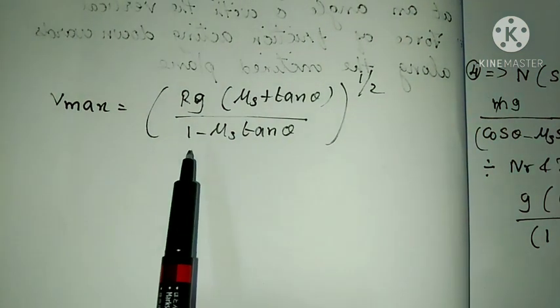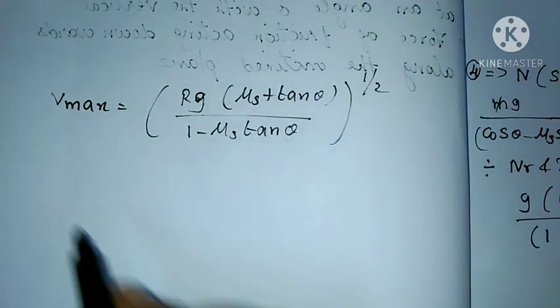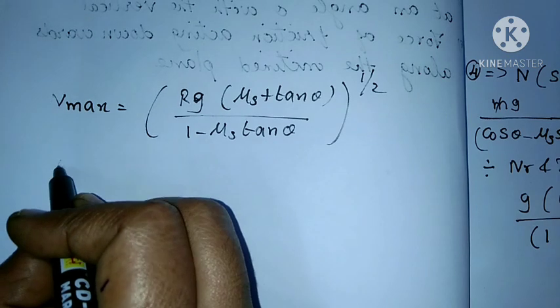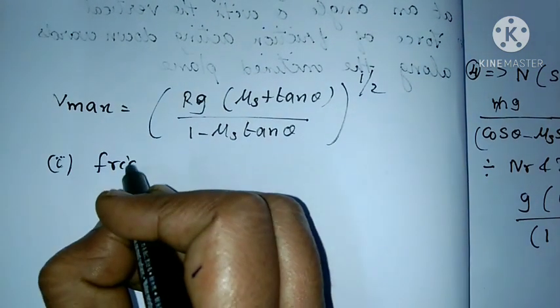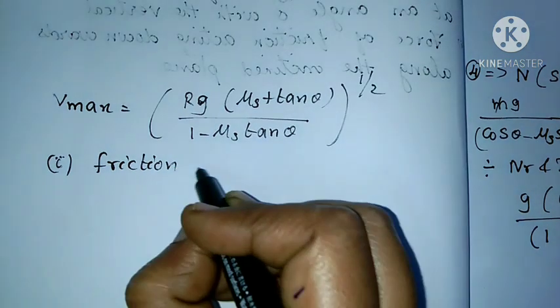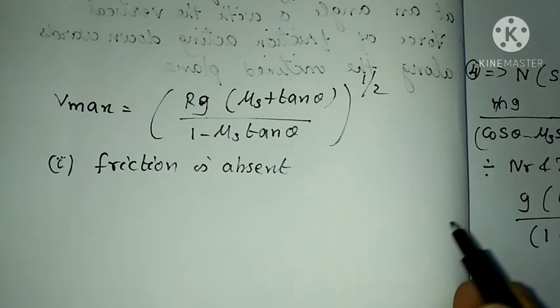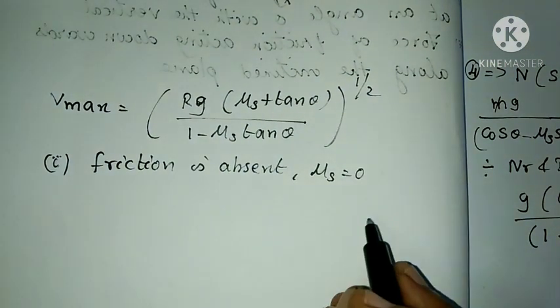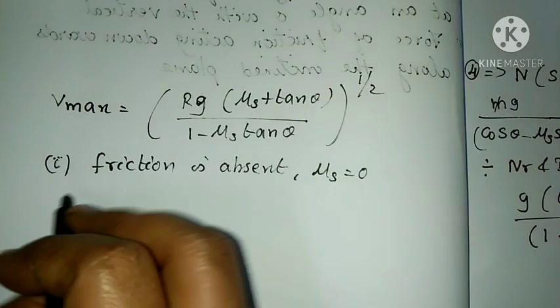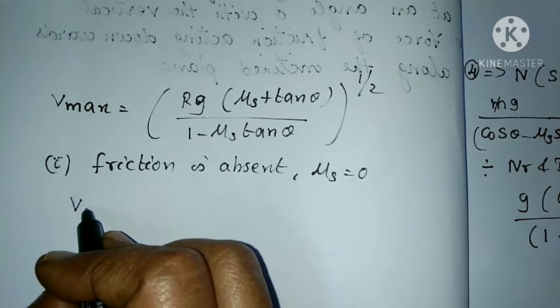Okay, and some cases are there. The first one is when friction is absent, that is, when there is no friction. Then what is the value of mu s? Mu s equal to 0. So what is the safe limit of the maximum speed?